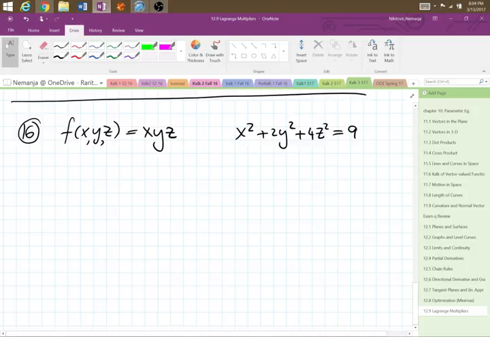So I hope you have all of the partial derivatives, fx, fy, fz, gx, gy, gz, which creates del f, del g, and then you set fx equal to lambda gx, fy equal to lambda gy, fz equal to lambda gz.